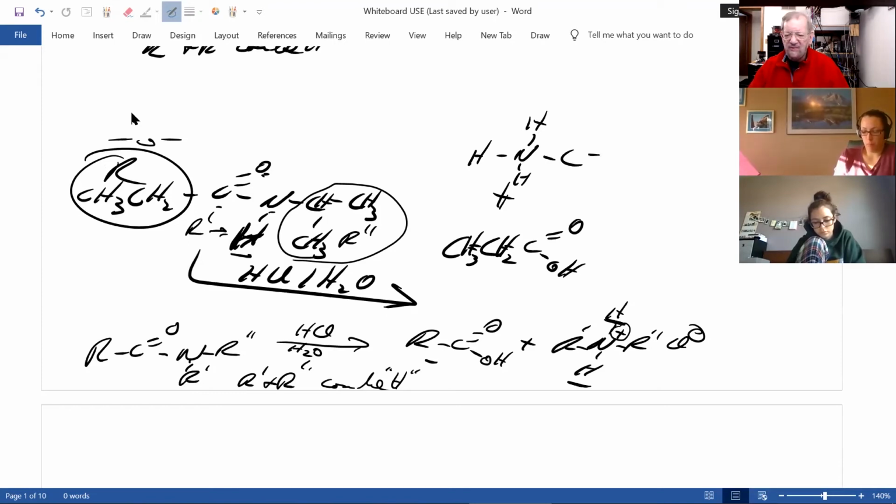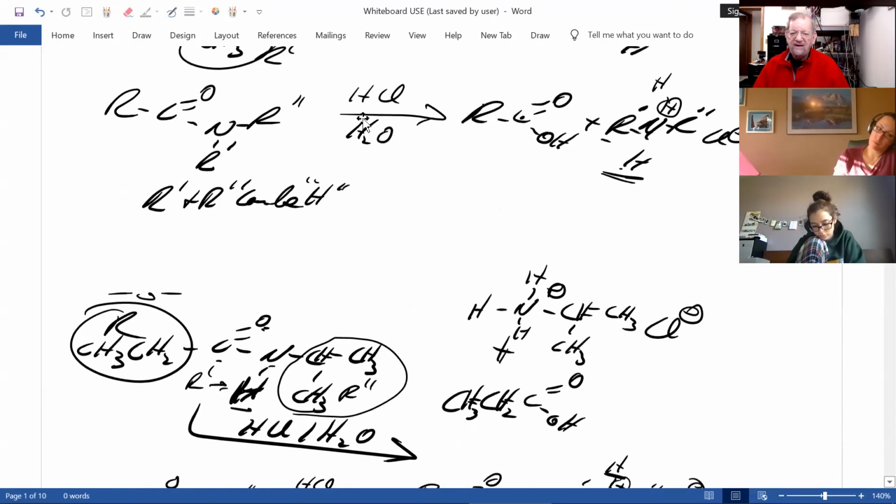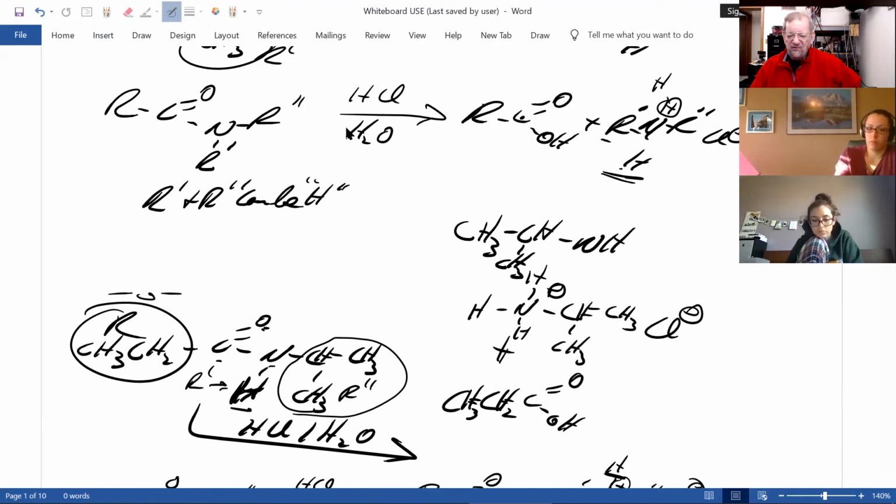And then I have an isopropyl. The anion, don't forget the chloride. That's one way of writing it. And if I wanted to, I could flip this around. Another way of writing it. Notice there are three hydrogens on this nitrogen. And that's how you do it.